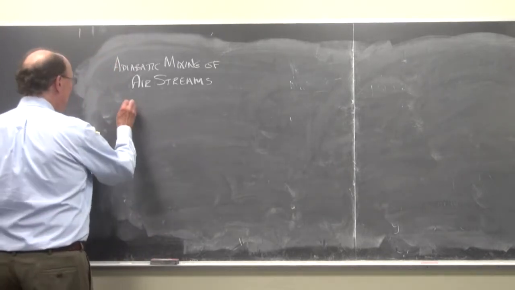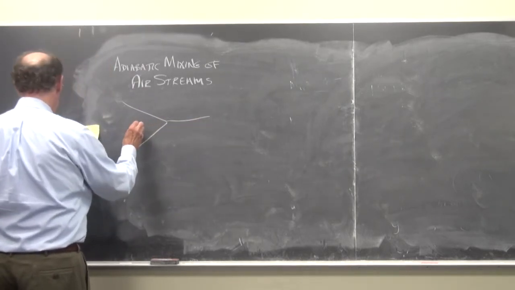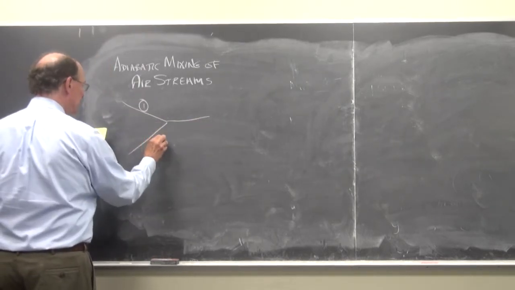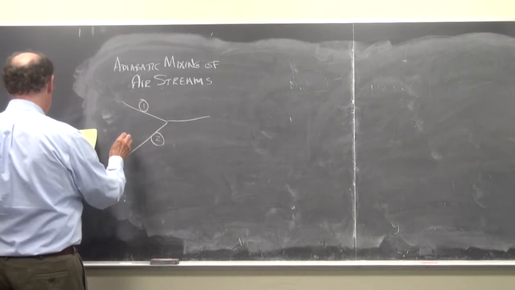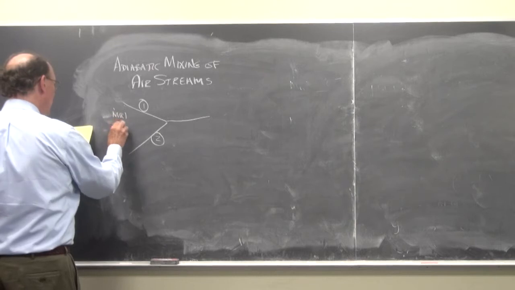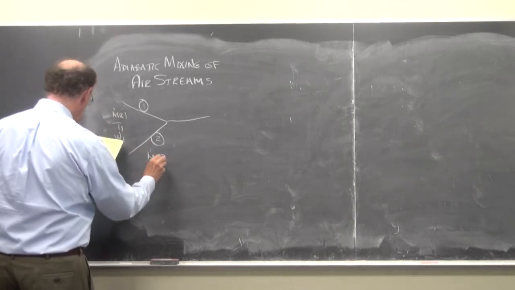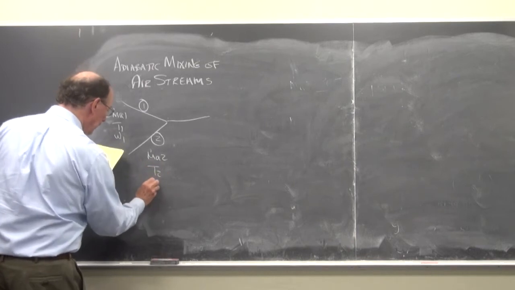So with adiabatic mixing, I have two air streams coming in, one in state 1 and one in state 2, with m dot A1, T1, omega 1, and the same thing here, m dot A2, T2, and omega 2.